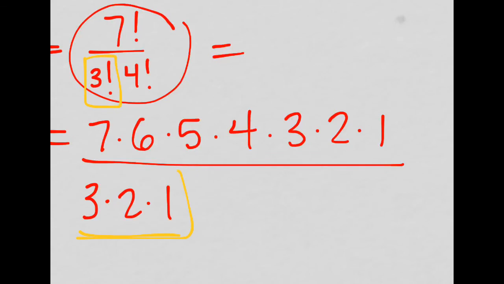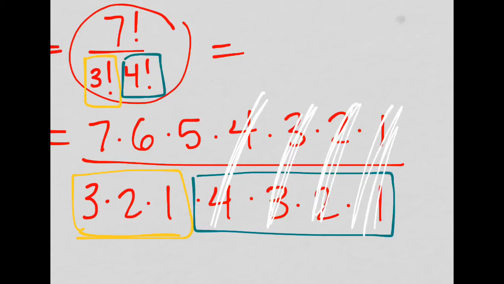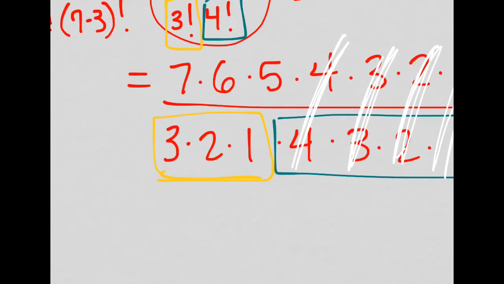Okay. Now I'm going to have 4, this is still times 3 times 2 times 1, which is this part in the denominator. Okay? Now, we're going to be able to cancel some things here. This is going to cancel, this is going to cancel, this is going to cancel, and the 1s are going to cancel.